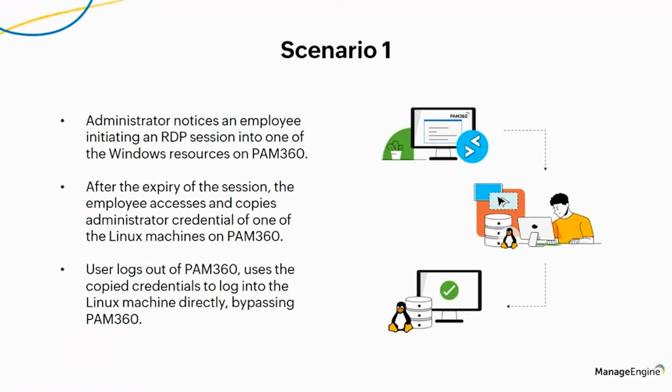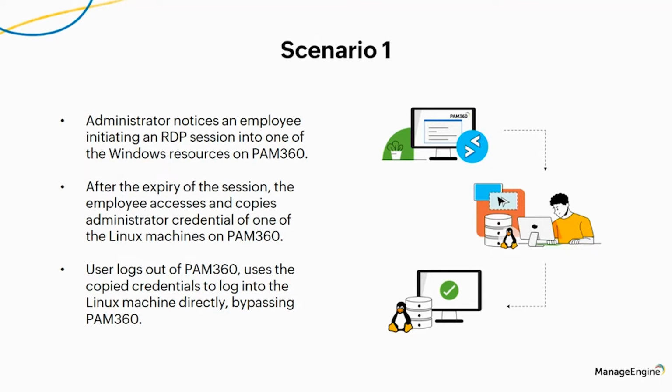After the RDP session is completed, the user closes and they check out another Linux machine's credential. I mean, this Linux machine credential is shared to them probably for break glass purposes or a DR purpose. This is not a system that is delegated to this user for day-to-day usage. They probably belong to the Windows team, so they don't deal with Linux machines at all.